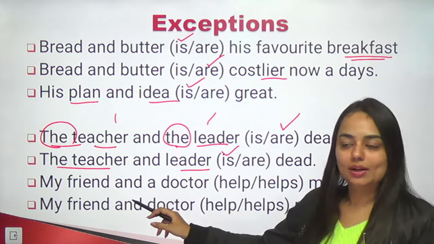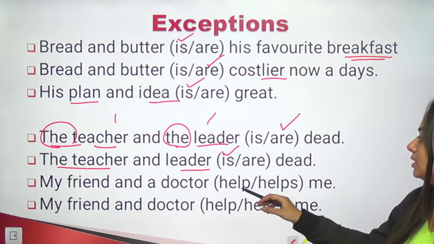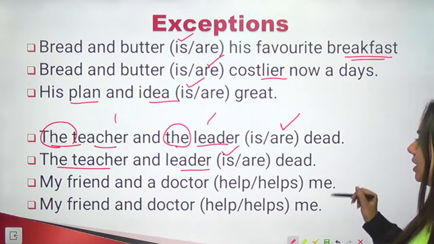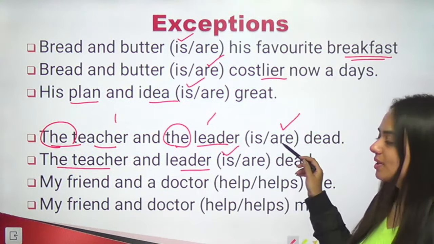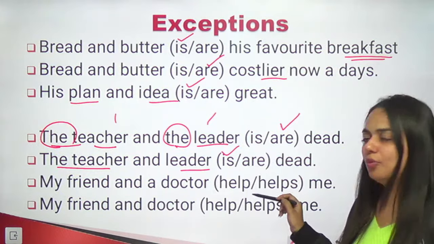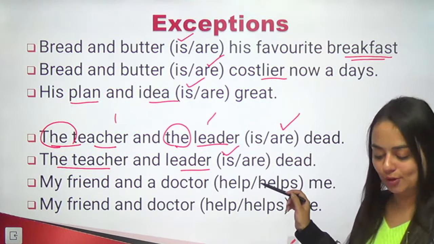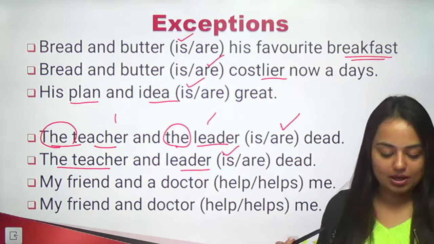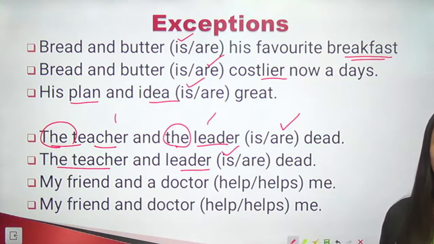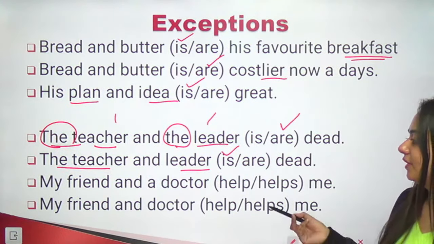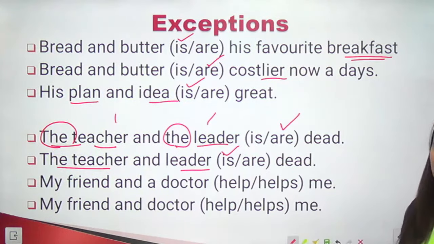How about this one? My friend and a doctor help or helps me. So this was about the helping verbs. Now we are moving to the main verbs. Let's see if you will be able to answer this one. Come on, Deepak, Abhishek, quickly. My friend and a doctor help or helps me.